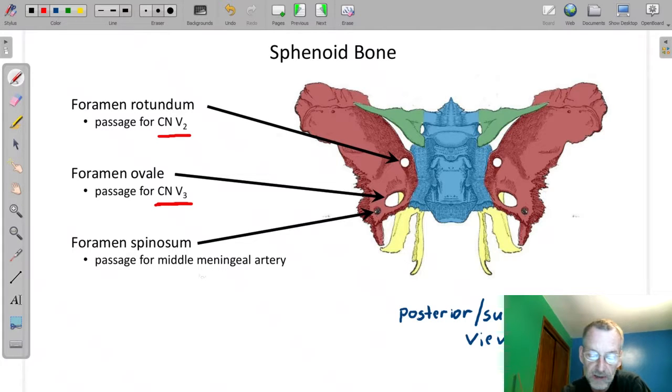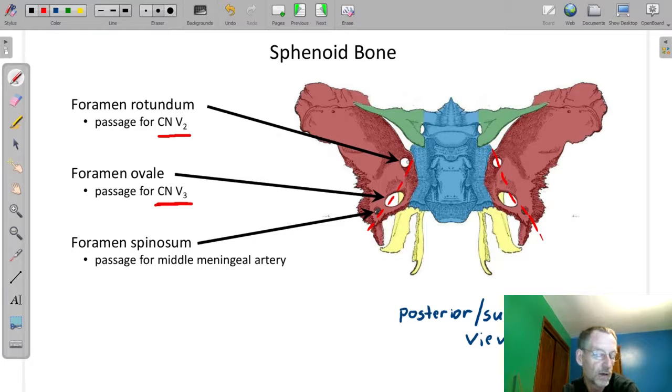But these three foramina run sort of in a diagonal, more or less. So you have the foramen spinosum, foramen ovale, and foramen rotundum.